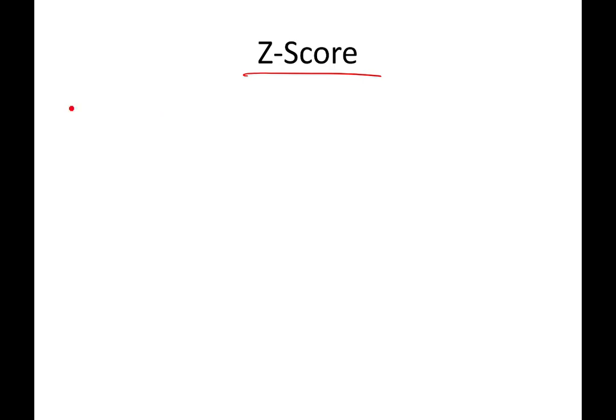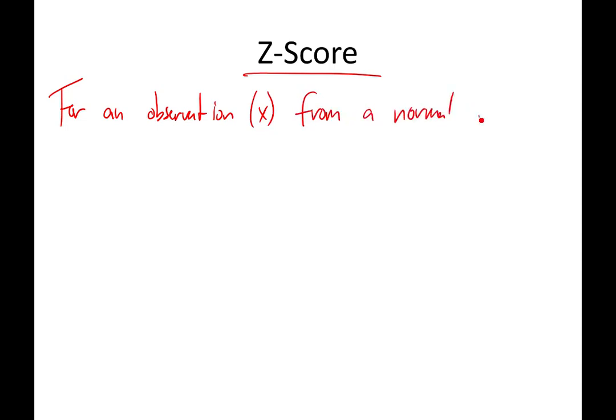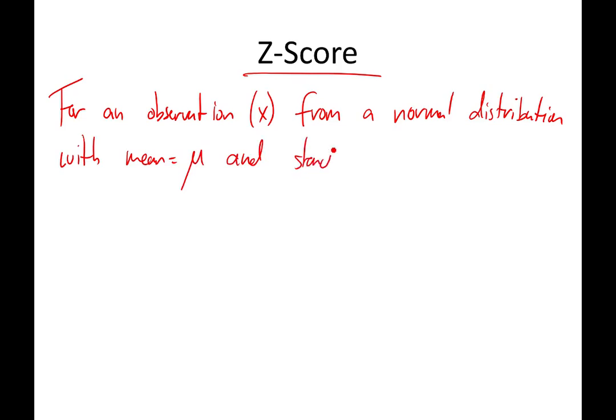So let's say that you have an observation, we'll call it x, that comes from a normal distribution with, say, a mean mu and a standard deviation sigma.